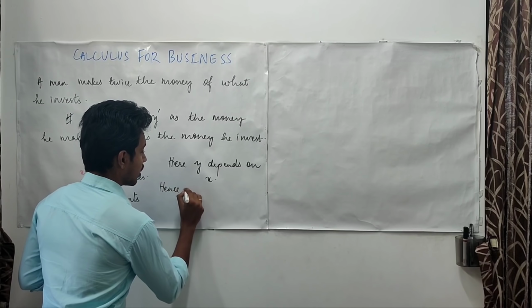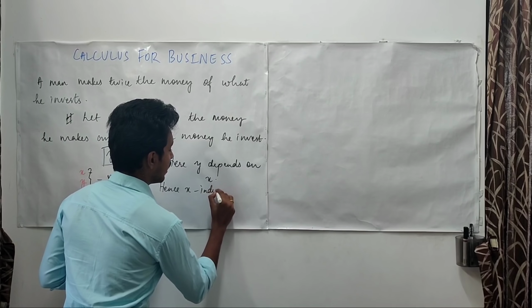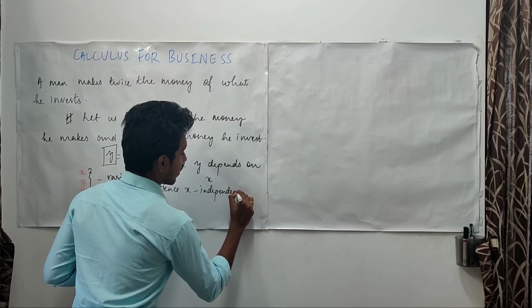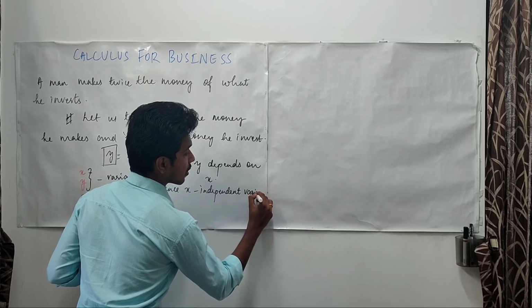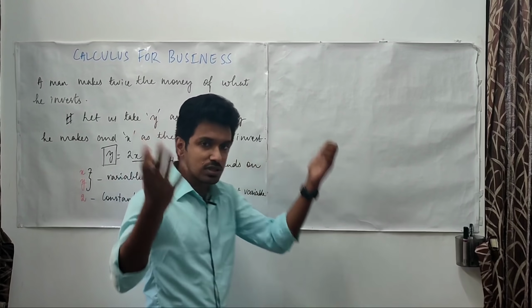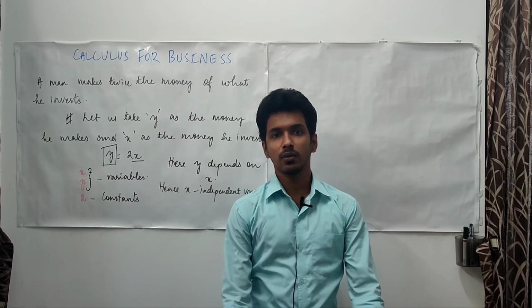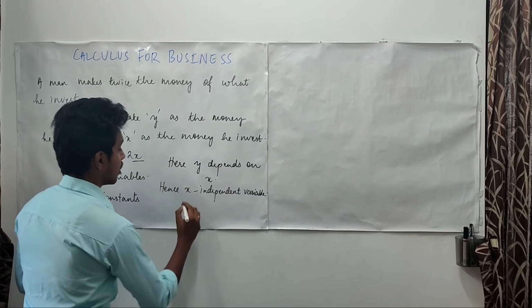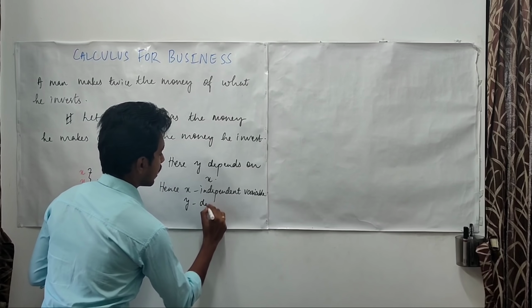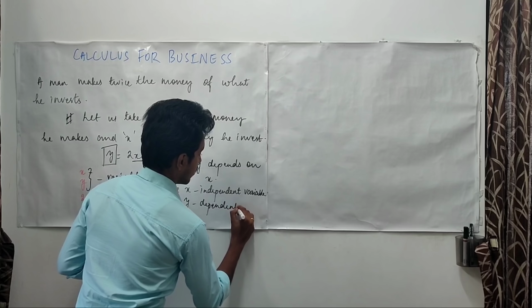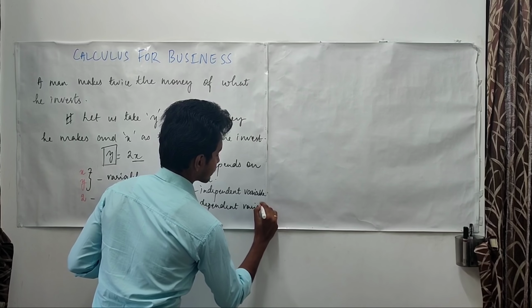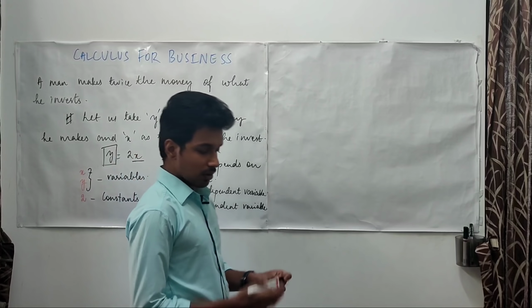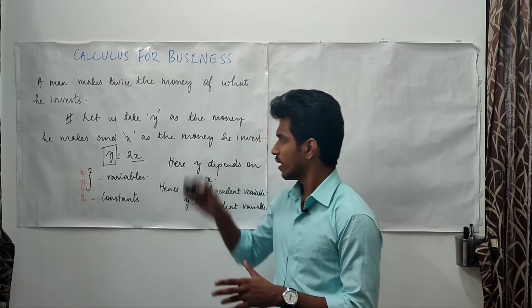Hence, this x is called the independent variable because it does not depend on anything. It is his wish, he can invest whatever he wants. But based on his investment only he is going to earn. So this y here is the dependent variable.